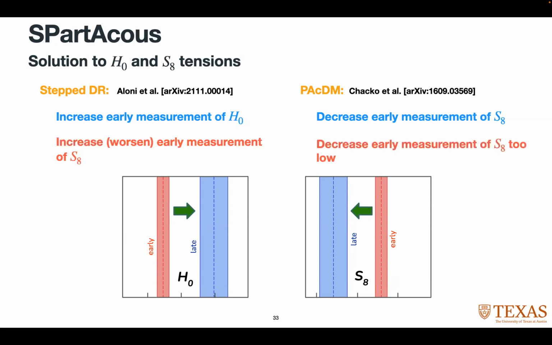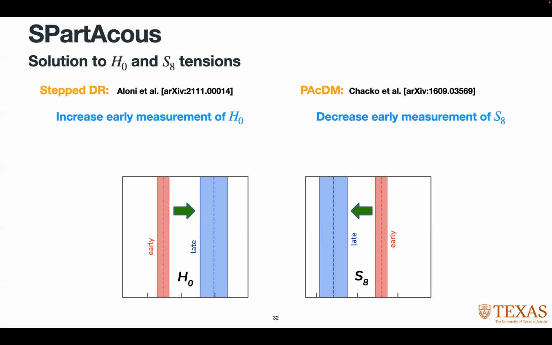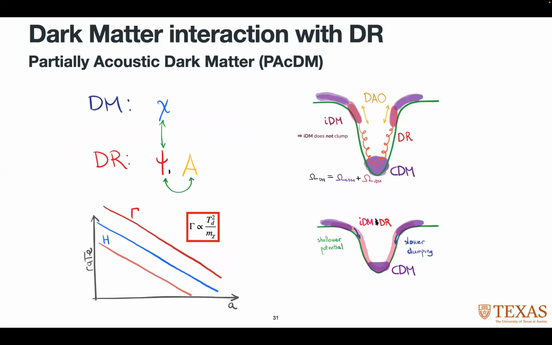However, this model has some problems, because simply increasing the dark radiation will worsen or increase the early measurable S8 because there is more density. And this PAcDM actually decreases it at a very low scale because, as we saw in this rate plot, it just goes down below after this definition.